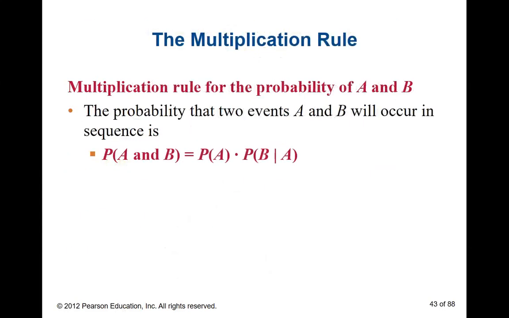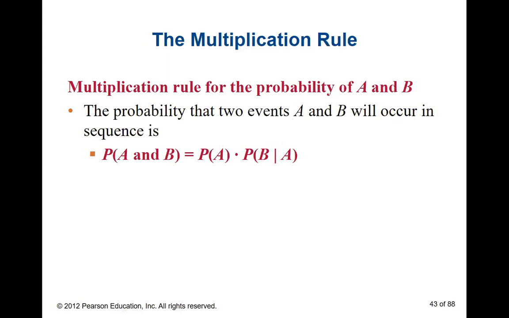Now, here's where the multiplication rule comes in for us, because sort of like when we used that counting principle to figure out how many ways something could happen when we had two different events, that comes from the multiplication rule. And it says, not only can I use the counting principle to count up how many ways something can happen, but I can actually compute the probabilities. If I want to know the probability of both of those things occurring, I can take the probability of A and then multiply it times the probability of B occurring given that A has occurred.